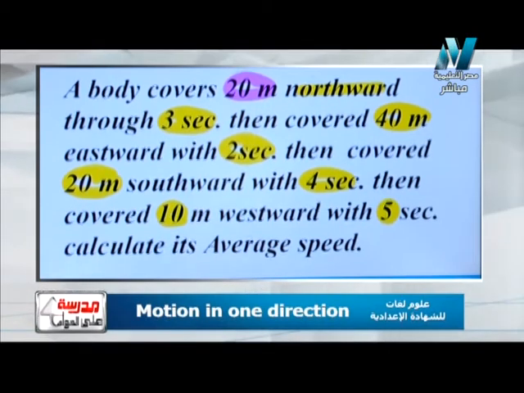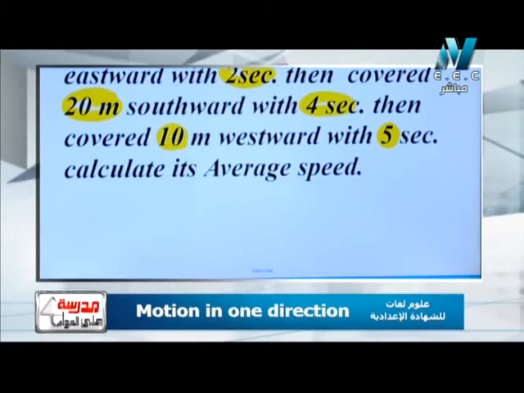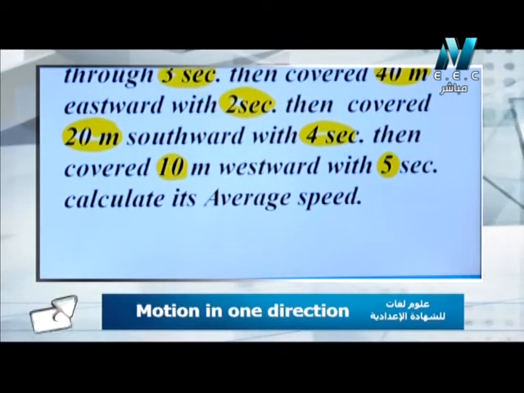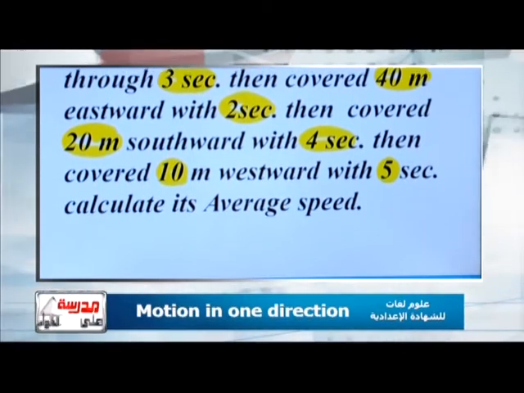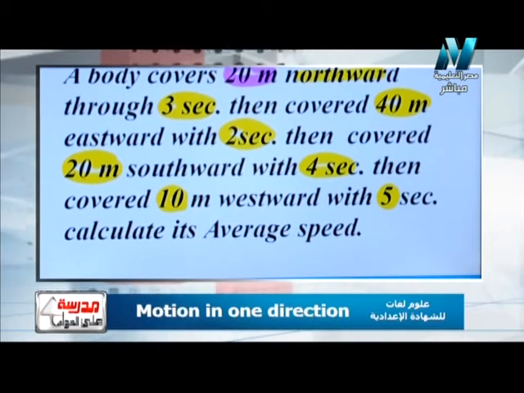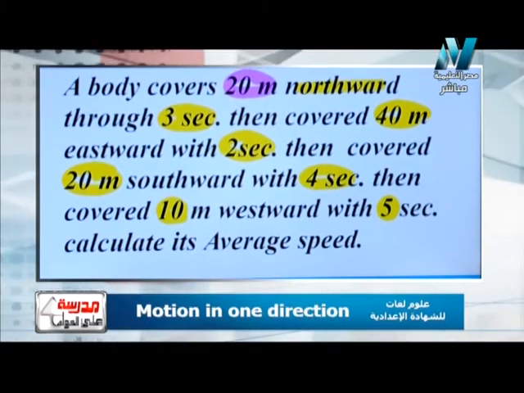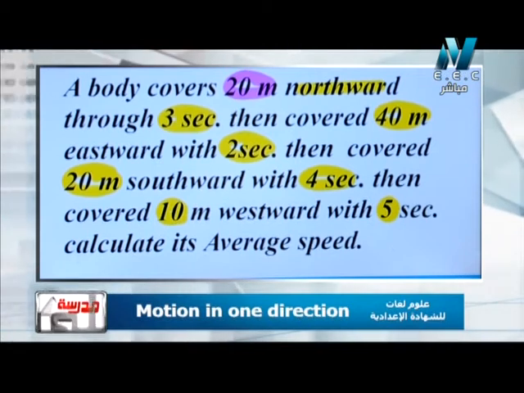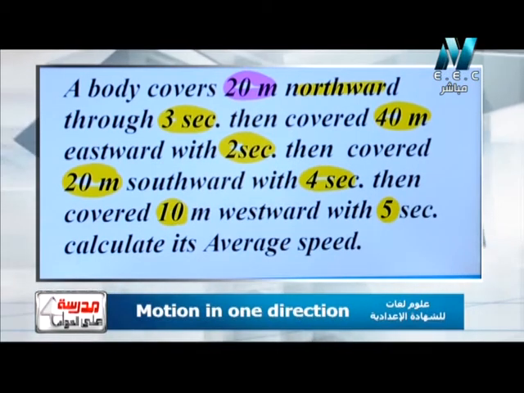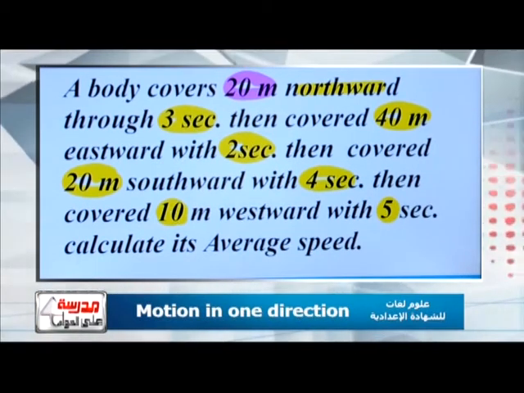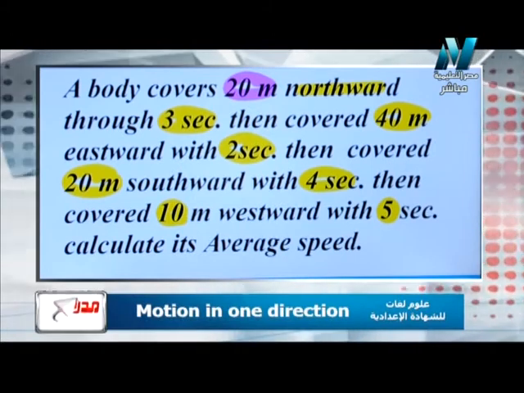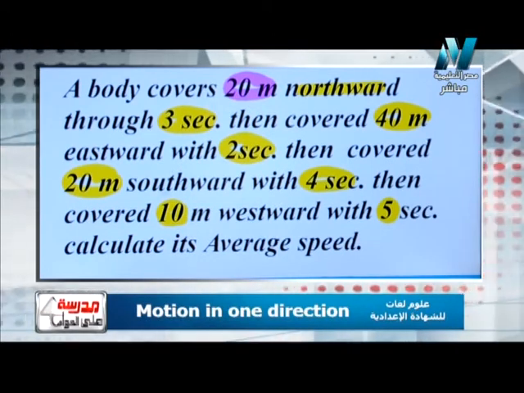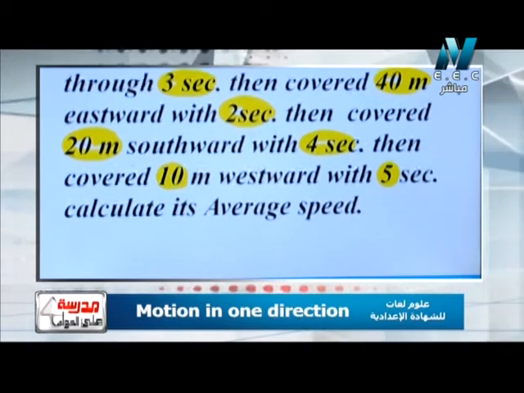Calculate its average speed. How can we deal with this problem? It's not a must, but we should draw beside the problem to know how to calculate the total distance covered and total time taken. I will draw it as a draft, by hand, not with a ruler.